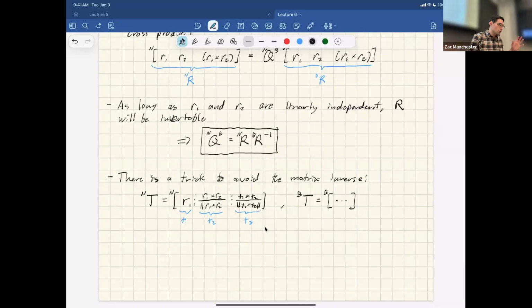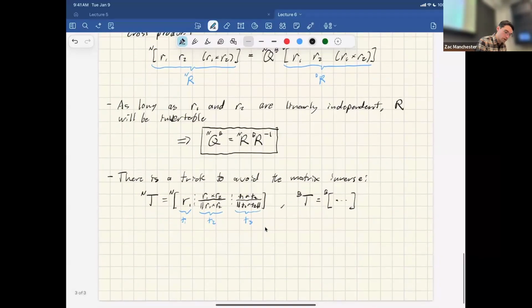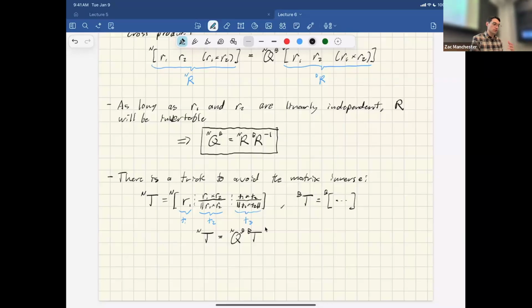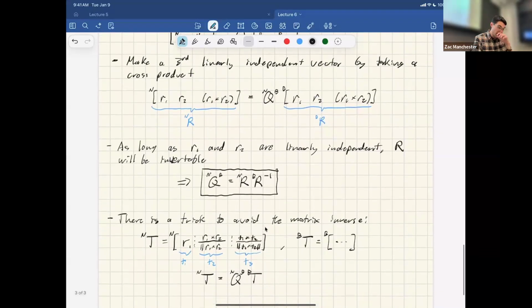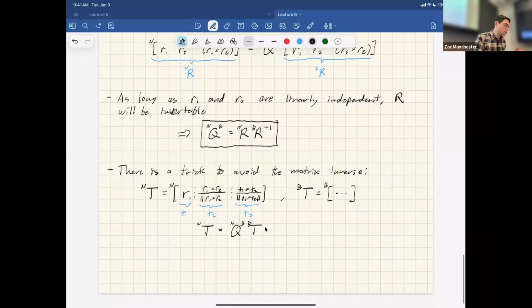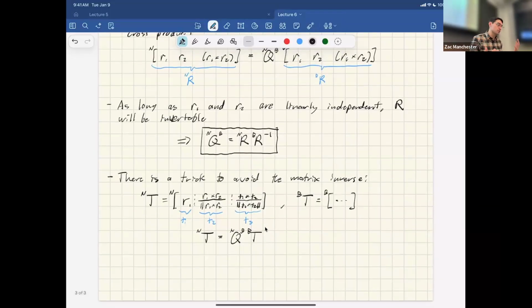Everyone cool with that? So now I have, same as before in terms of these T matrices, T end frame is Q B to N T B frame. It looks exactly the same as the R version, but now because T is orthogonal, I can just do a transpose instead of an inverse.